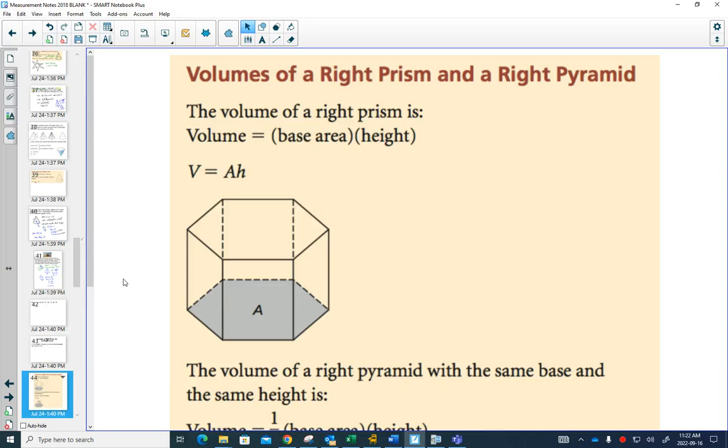So, the volume of a prism. And there is a good visual for figuring out the volume of any prism. The formula that's given here says area of base times height. On your formula sheet, what's your volume formula?